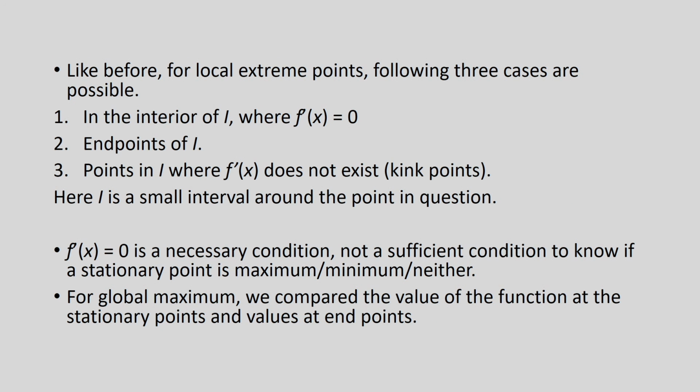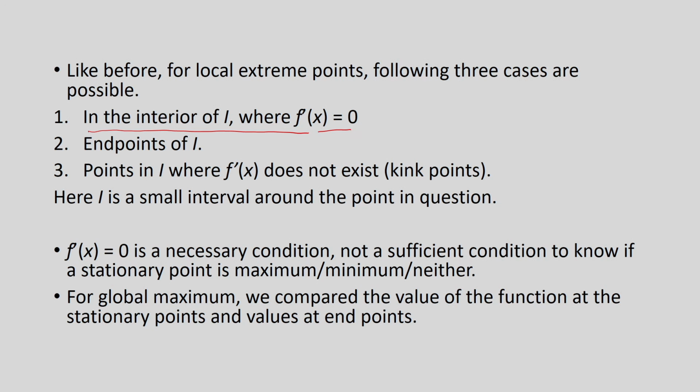Now, like in the case of global maximum, for local maximum or minimum, or local extreme points, the following three cases are possible. Those local maximum or minimum could be in the interior of I, where f dash of x is equal to 0, right.